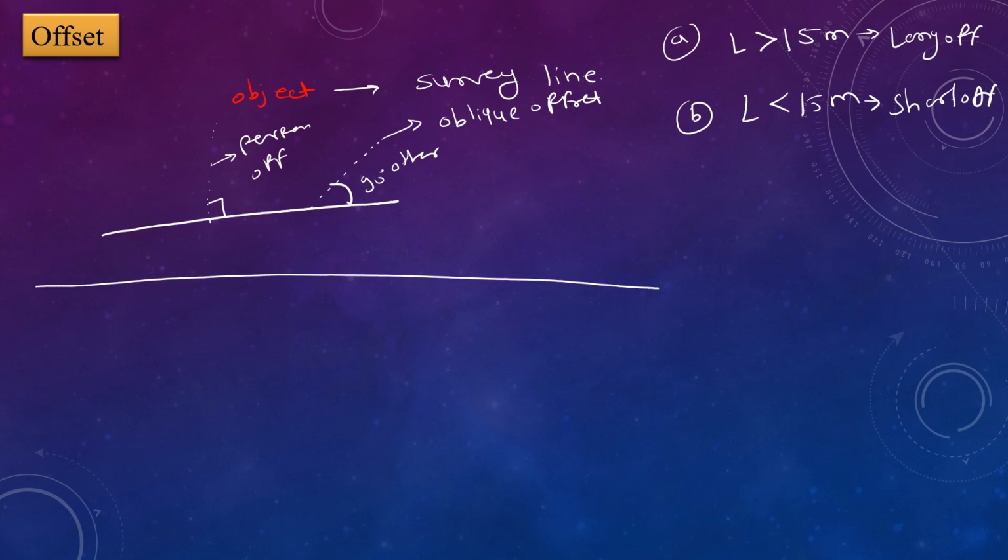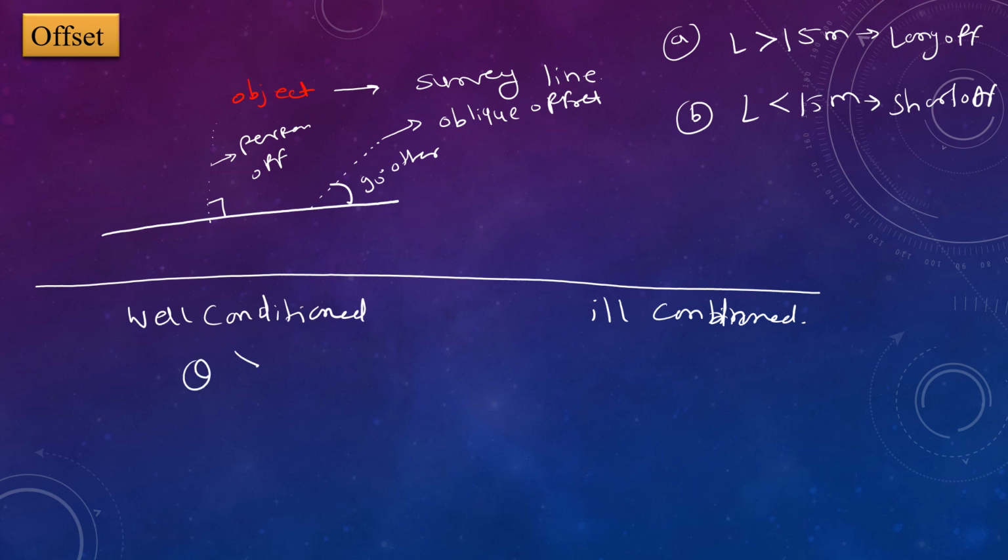One important point is how we differentiate well conditioned triangles and ill conditioned triangles. First, well conditioned triangles, and second, ill conditioned triangles. If the angle of the triangle is greater than 30 degrees and less than 120 degrees, then that is well conditioned.